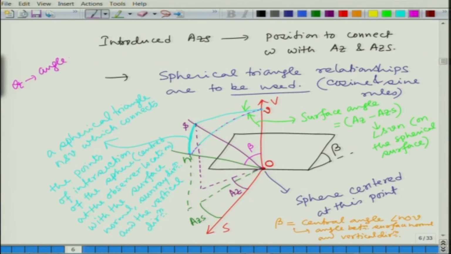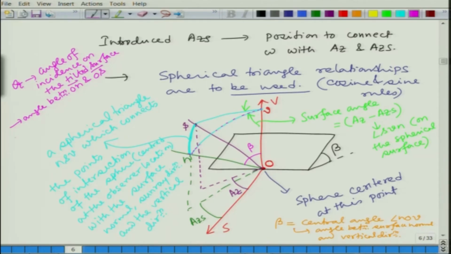So, angle of incidence on the tilted surface. Okay. And what angle is that? That is the angle between ON and OS. So, the surface normal direction and the sun ray direction, that is the angle of incidence, right.